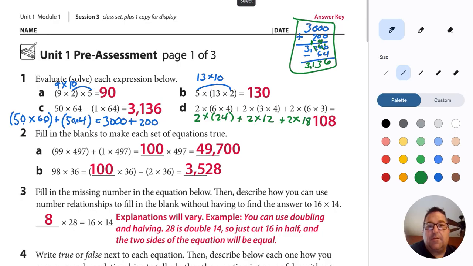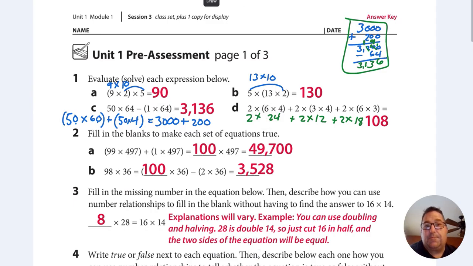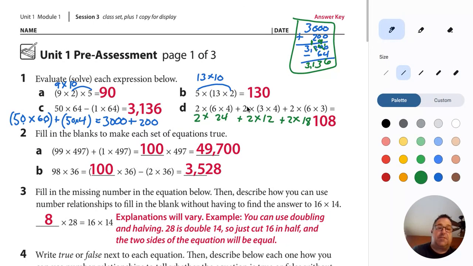So these parentheses around the 24 we don't really need anymore because there's nothing else inside there. So the key is start inside parentheses. We did those. Now we have to do multiplication next. Remember, order of operations. So we're going to have to do 2 times 24. And I'll stack these right here.